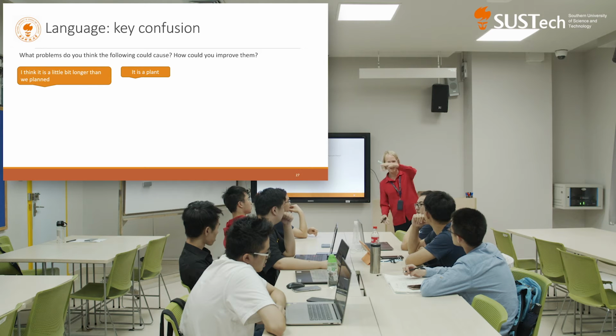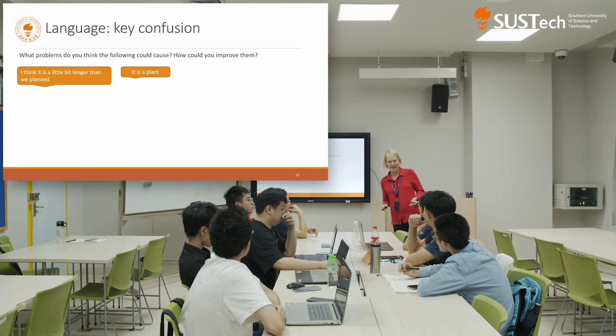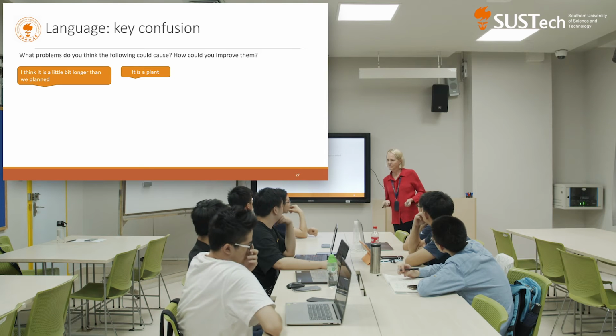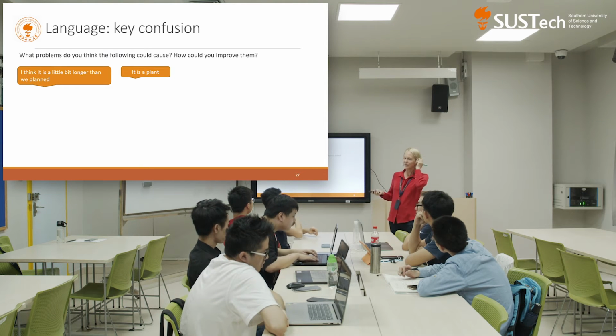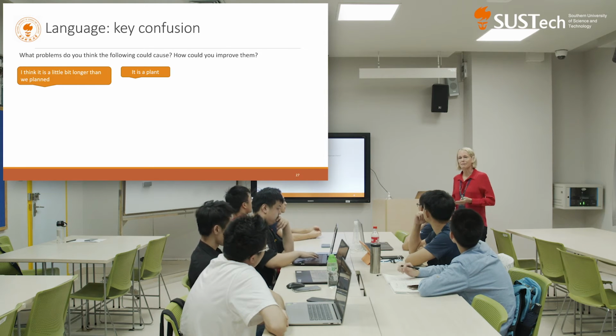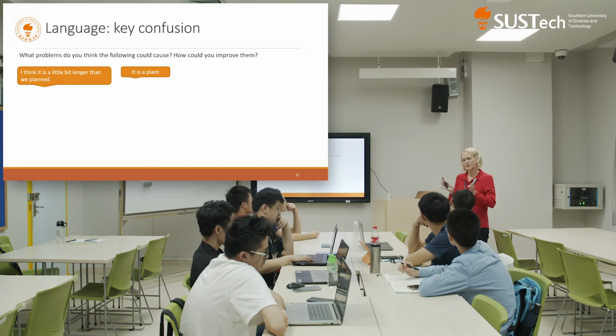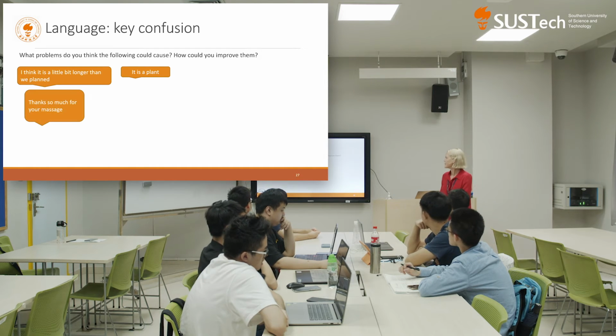You're imagining a green thing that you put in a garden. And what is the other meaning? Engineers. A factory. So you've got two very different meanings. It's ambiguous. There are two possible meanings. So your language has to be accurate and precise.